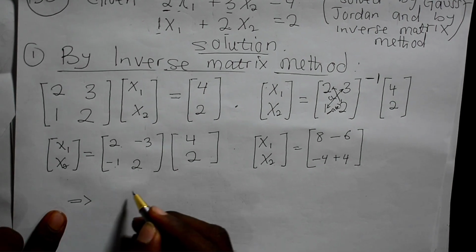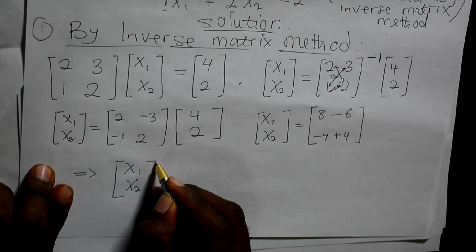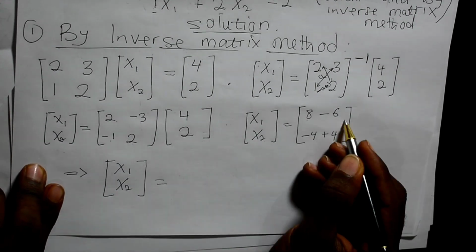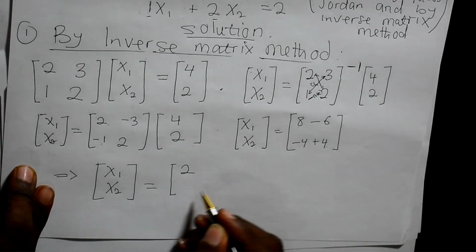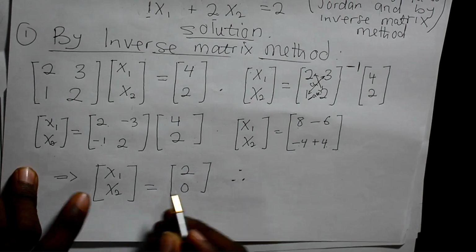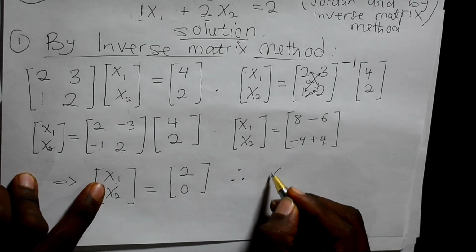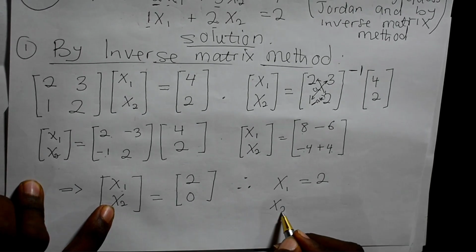So now x1, x2 will be equal to a matrix of 8 minus 6, which gives 2, and minus 4 plus 4, 0. So this implies that x1 is equal to 2 and x2 is equal to 0.